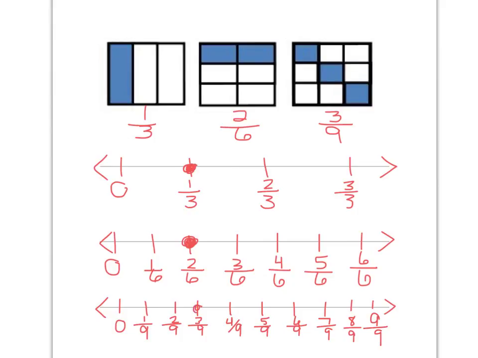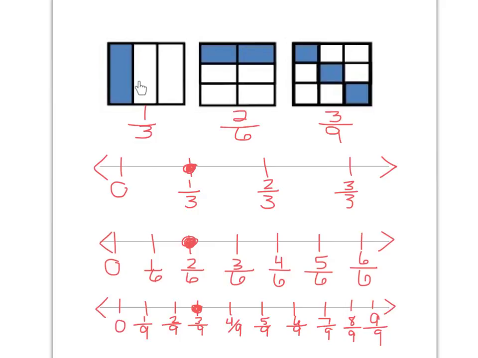And 3 ninths goes right here. I was just able to prove that all 3 of my different fractions, 1/3, 2/6, 3/9, are all equal. They all take up the same space and the same spot on my number line. They are showing equivalent fractions because they are at the same spot on my number line.